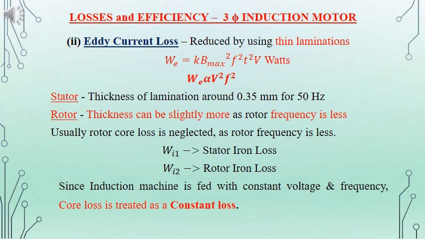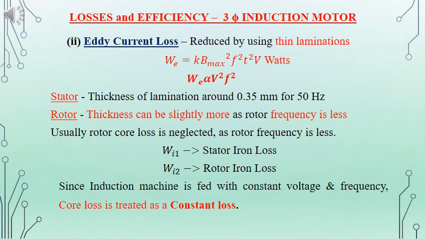The second part of iron loss or core loss is eddy current loss, which can be reduced by using thin laminations, and the equation is given as W is equal to K Bmax square F square T square V. Again in the equation, V is the volume of the material, T is the thickness of laminations, F is the frequency, Bmax is the maximum flux density, and K is the eddy current constant.